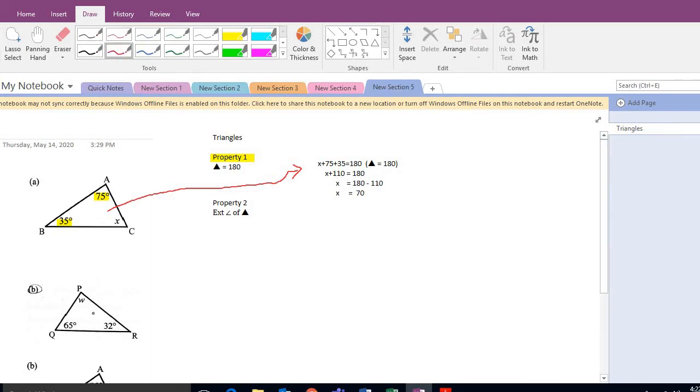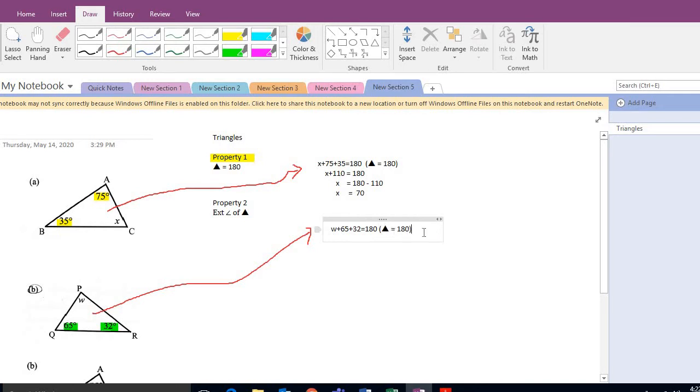So let's take this one over here. So it's 65 plus 32 and 180, because all of them must add up to 180 degrees. So let's go again. So it'll say x. Oh no, it's w, sorry, w plus 65 plus 32 equals 180 degrees, and then the reason, Control V, close brackets.